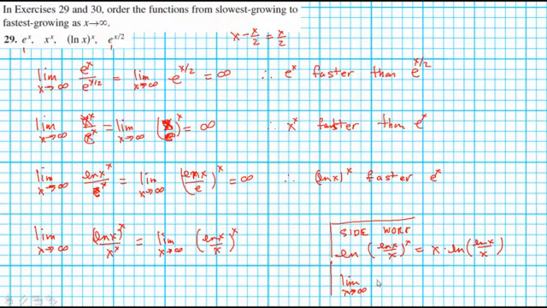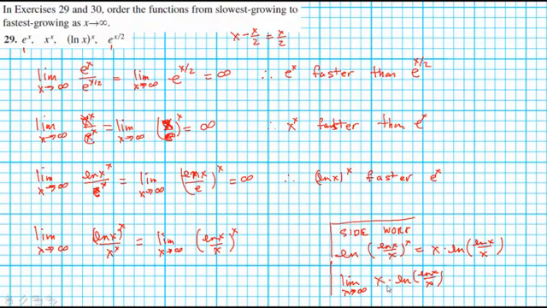And then when I take the limit of that, I get x times the natural log of x over x. That's infinity. This is going towards 0. The natural log, this is going towards 0. The natural log of 0 is negative infinity.